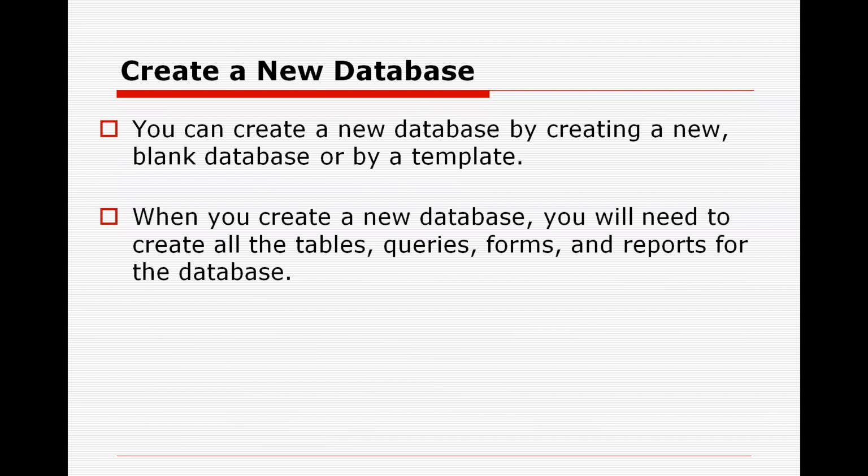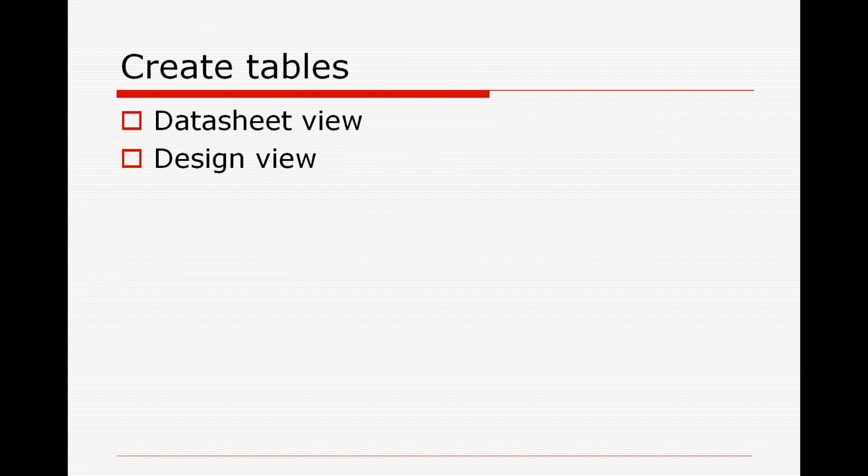When you create a new database, you will need to create all the tables, queries, forms, and reports, right? That is what we explained about the 4 objects. To create tables, you can use Datasheet View and Design View, right? I explained how you create using both.